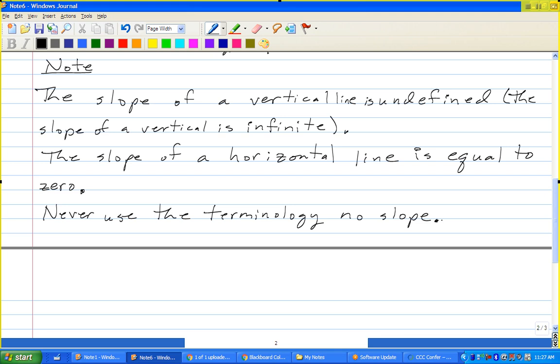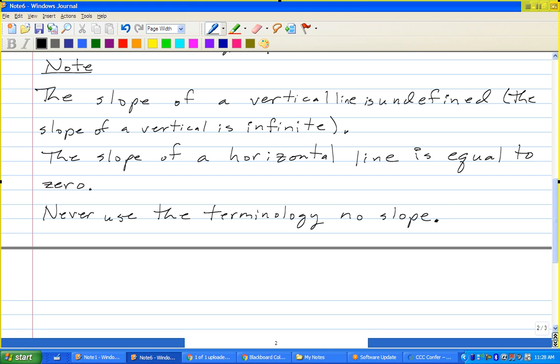Because basically students use it for both situations. What's the slope of a vertical line? Well, it has no slope because it's undefined. Or they'll say a horizontal line has no slope because the slope is 0. So because of this confusion, just never use that terminology. Just never say no slope. Okay?